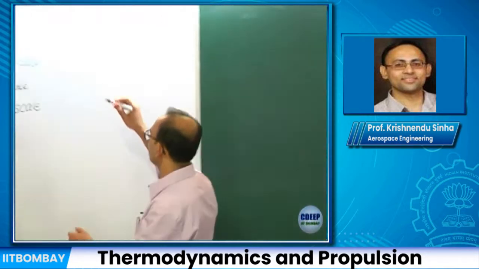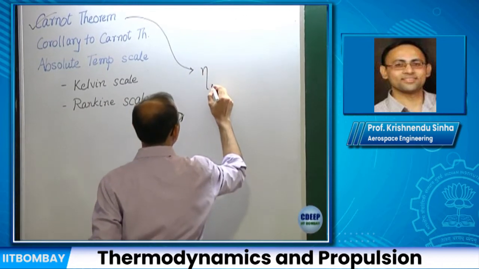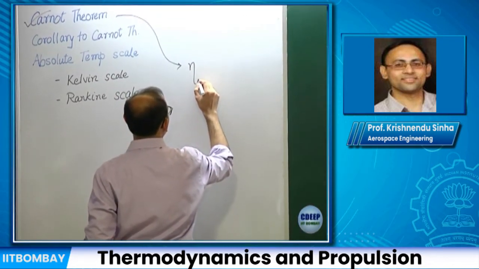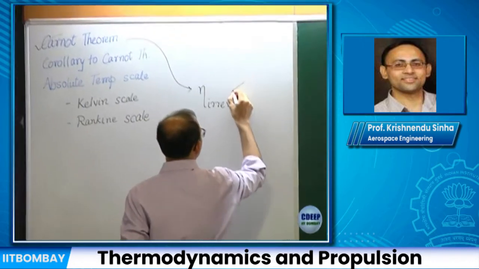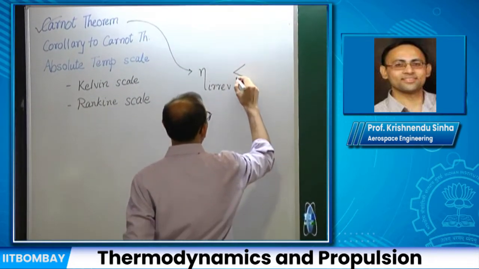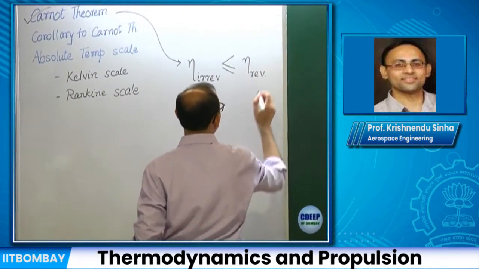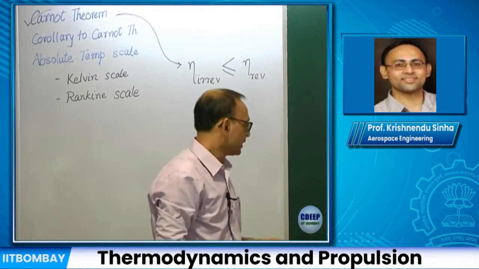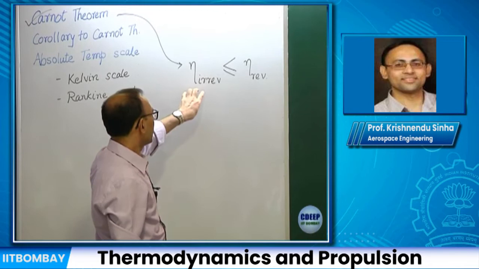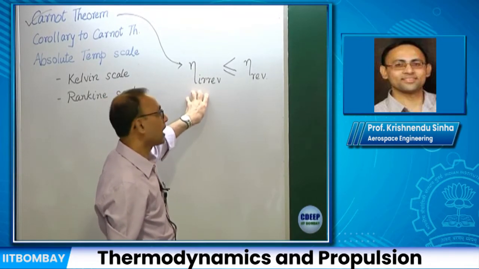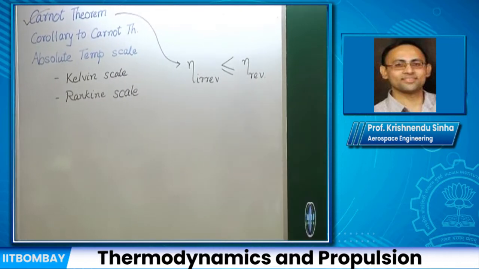To remind ourselves of Carnot Theorem, the main idea was eta irreversible is less than or equal to eta reversible. What we showed was that if we assume the other way round, an irreversible engine having a higher efficiency, it leads to a contradiction of second law.